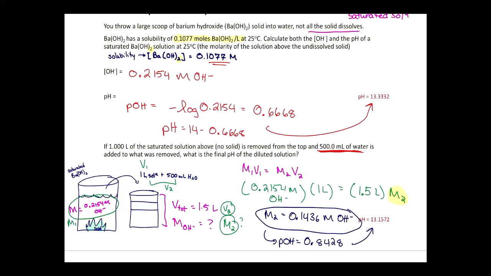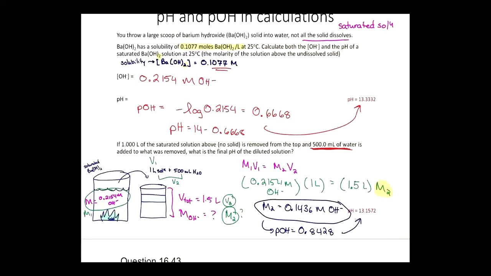So we see that diluting this basic solution made it less basic. It didn't make it more acidic. It just made it less basic because there's a lesser concentration of hydroxide present. Right, so that's kind of like elevating these pOH-pH calculations by incorporating dilutions or saturated solutions and manipulating those.